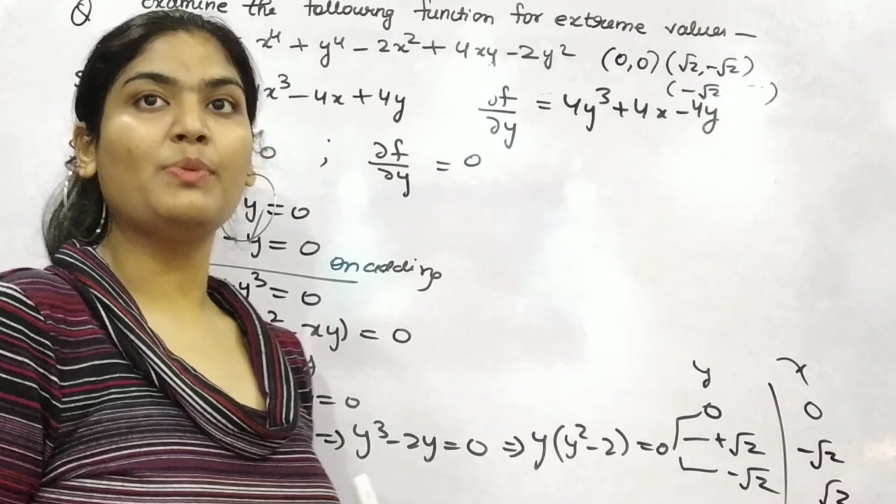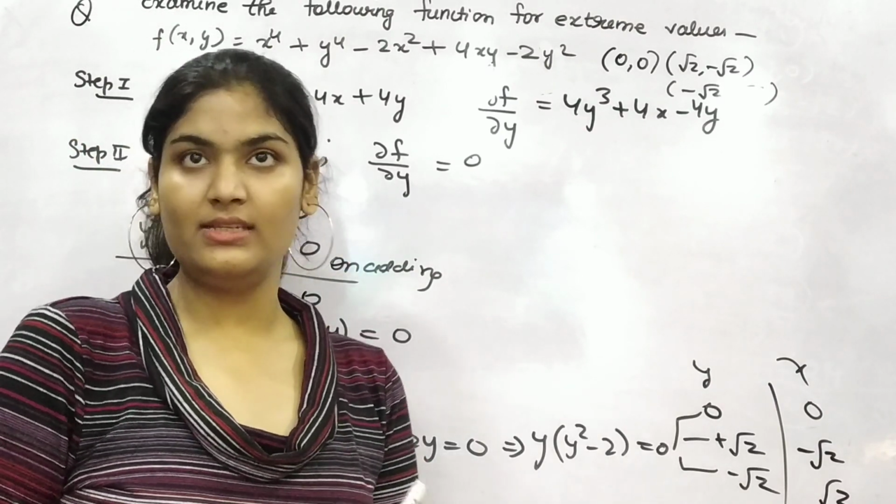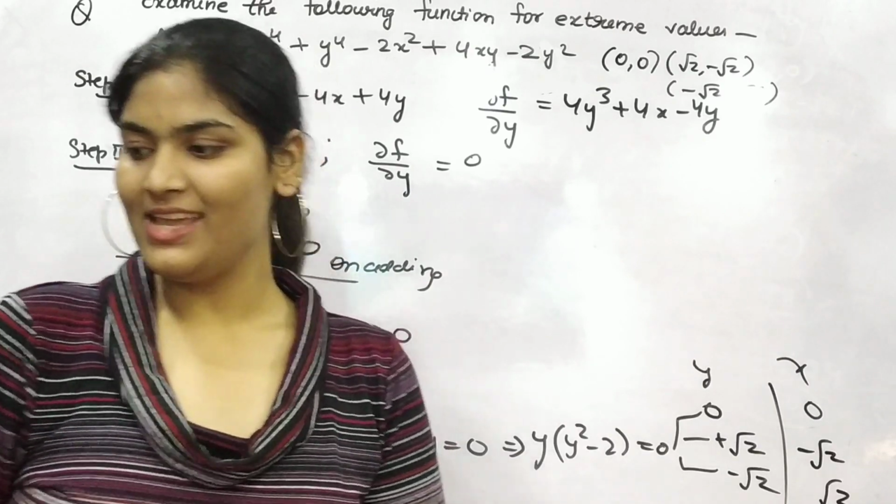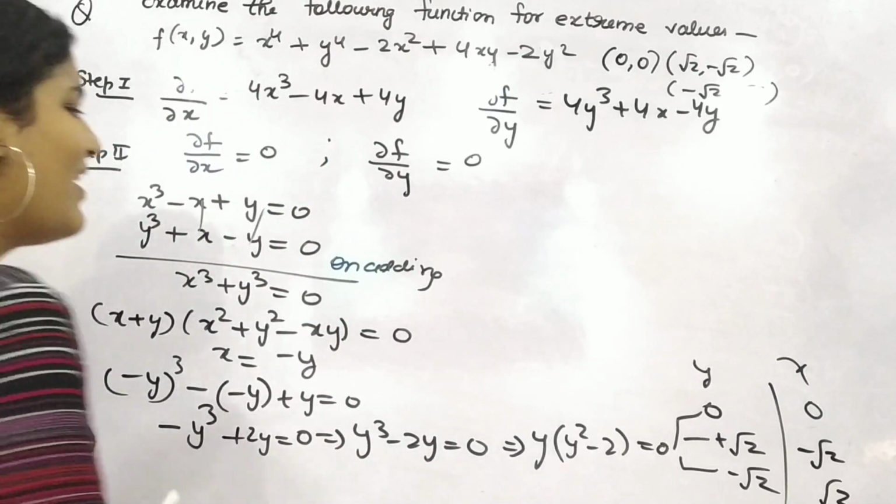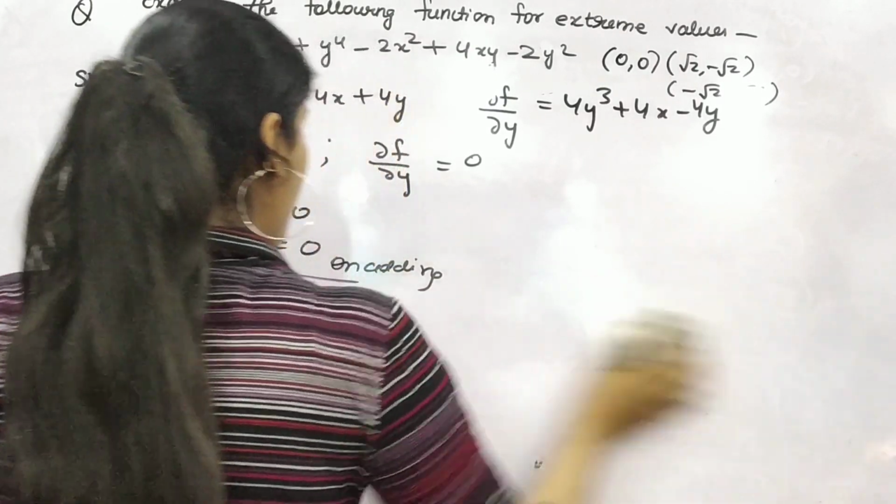Now, your third step is to find r, s and t. I'm telling you what they are. I know you might be thinking, what are r, s, t? So here we go.